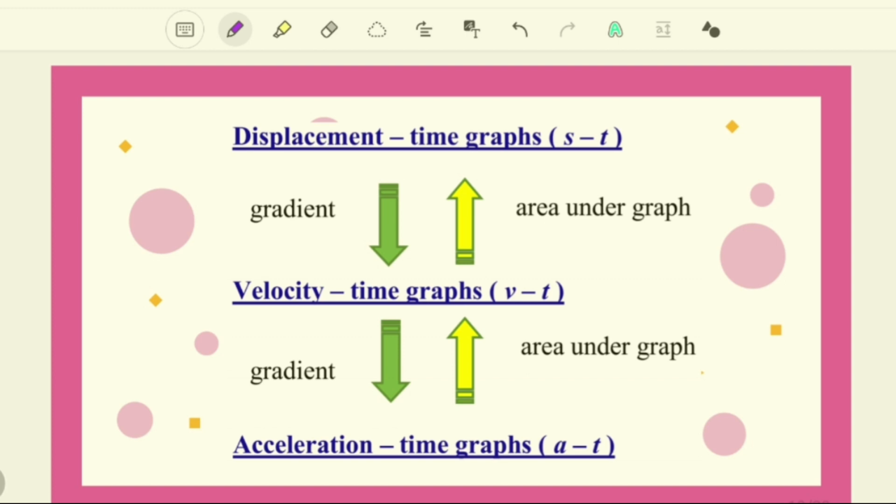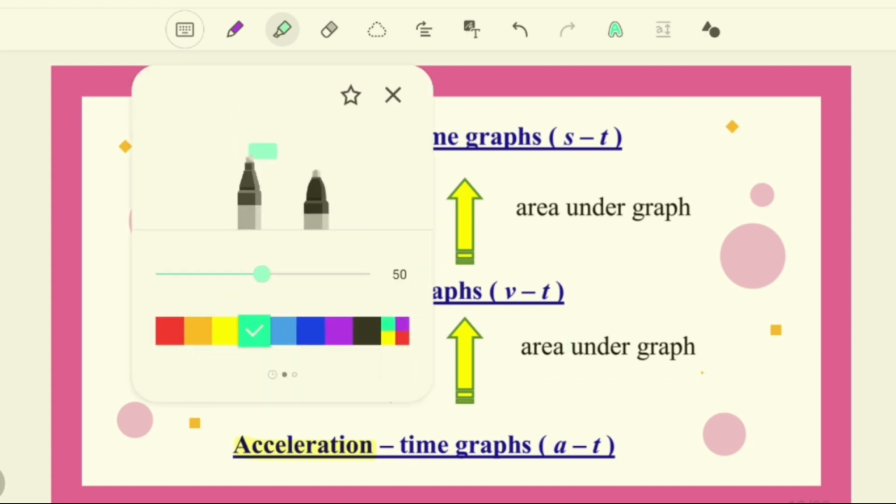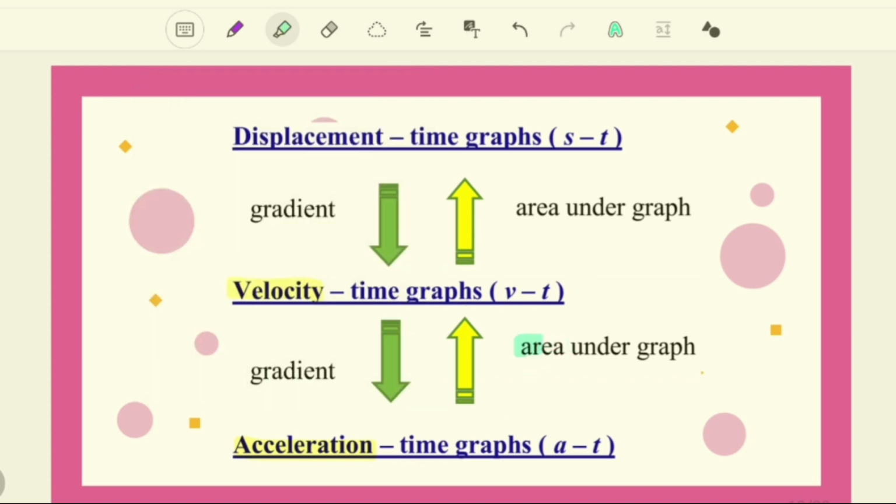Okay, if you have graph V against time graph, the gradient will give you acceleration. And how about the area? If you have the graph of AT graph, the area of the graph will give you velocity. And for the graph of V against T graph, this will give you the value of displacement. Okay, area under the graph. So, this is very important.